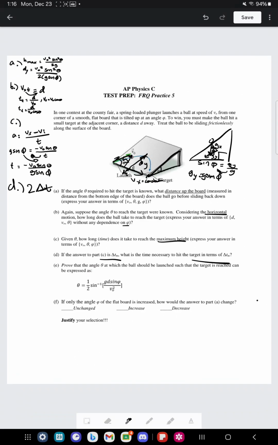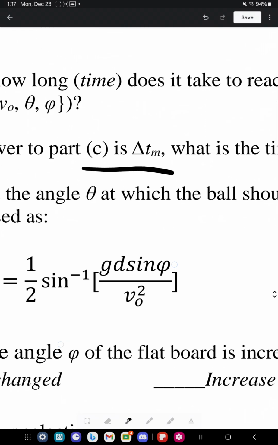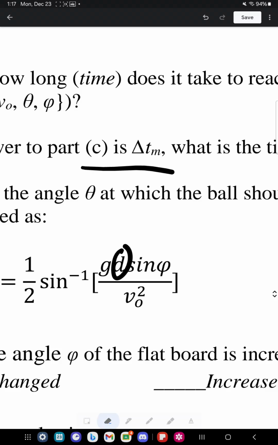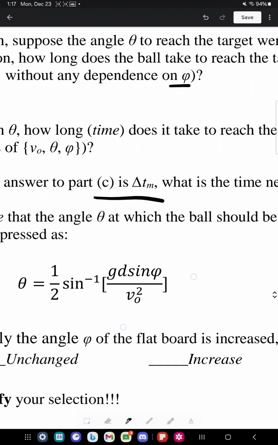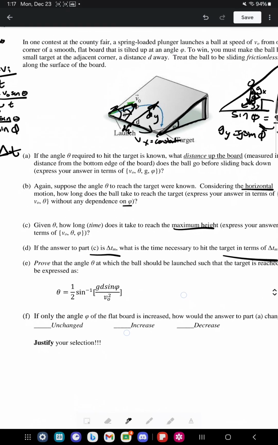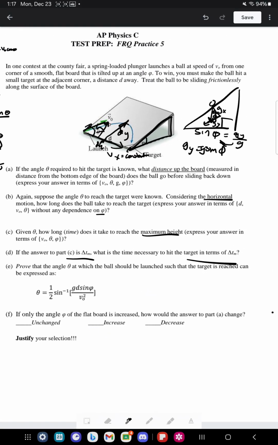Anyways, for part E, prove that that should be that. I see d being used in this equation, so I'm going to assume that whoever made this equation took it from the horizontal standpoint, because d is the horizontal. So I am going to use the range equation, v0 squared sine 2 theta over g, but g is different in this scenario because it's a ramp.